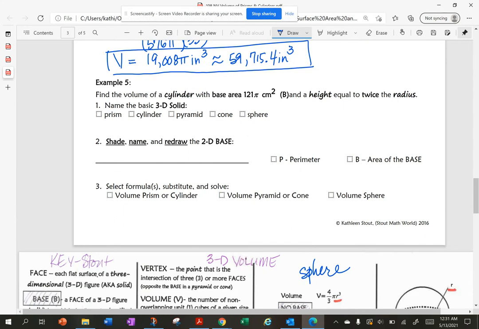All right, let's do one without a diagram. Let's find the volume of a cylinder with a base area of 121 pi centimeters squared. So here's my cylinder.